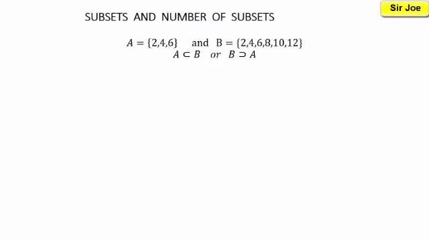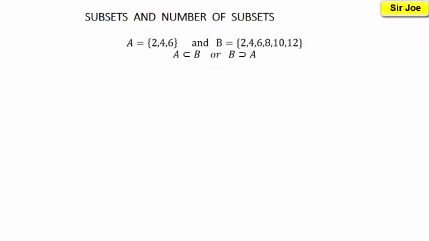No. The only elements in B that can be found in A are 2, 4, 6. There is 8, there is 10, there is 12, and they are not found in A. So you can't say B is a subset of A, but rather you say A is a subset of B, since all the elements in A are found in B.